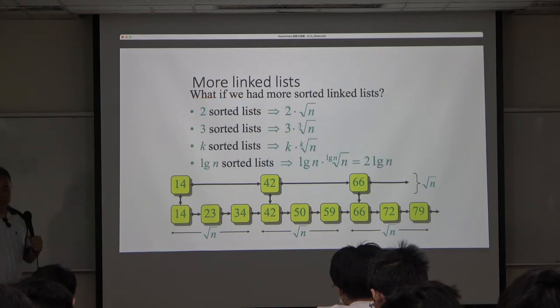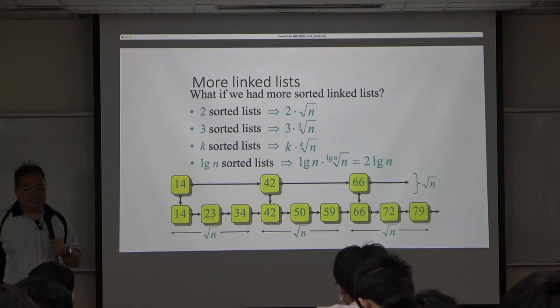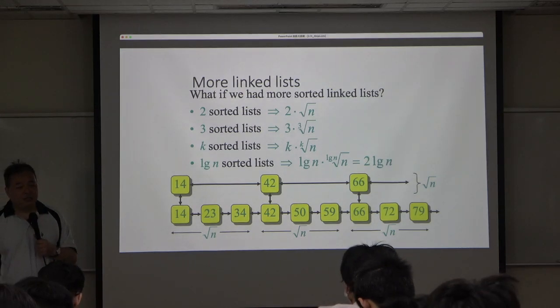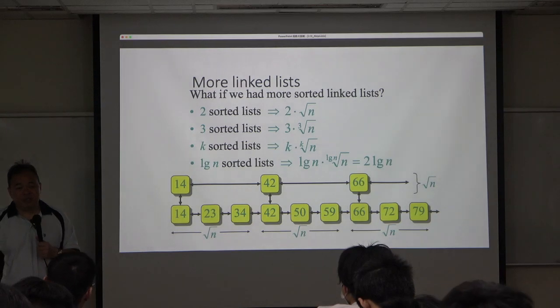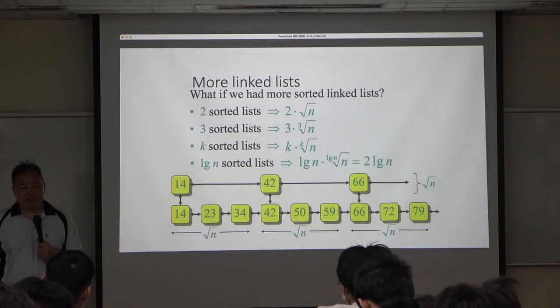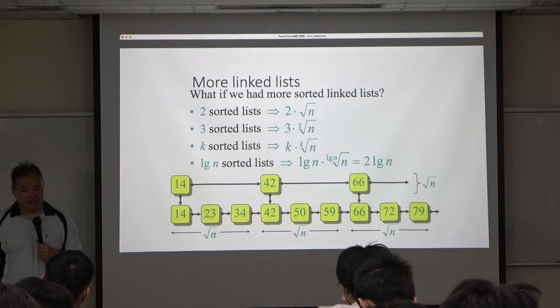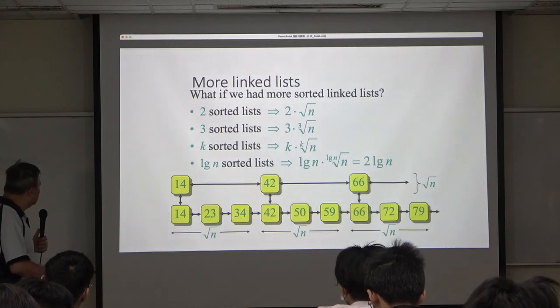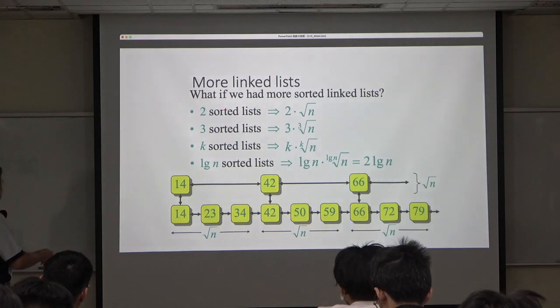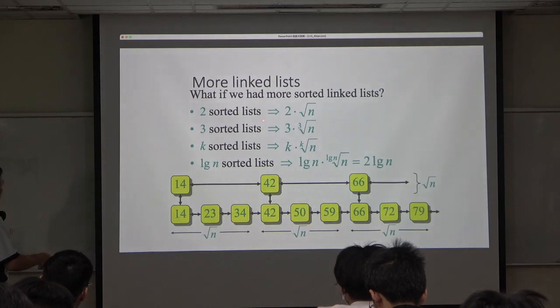But obviously you can generalize this idea to multiple linked lists. If it's 2 sorted lists, then it's going to be 2 times square root of n.